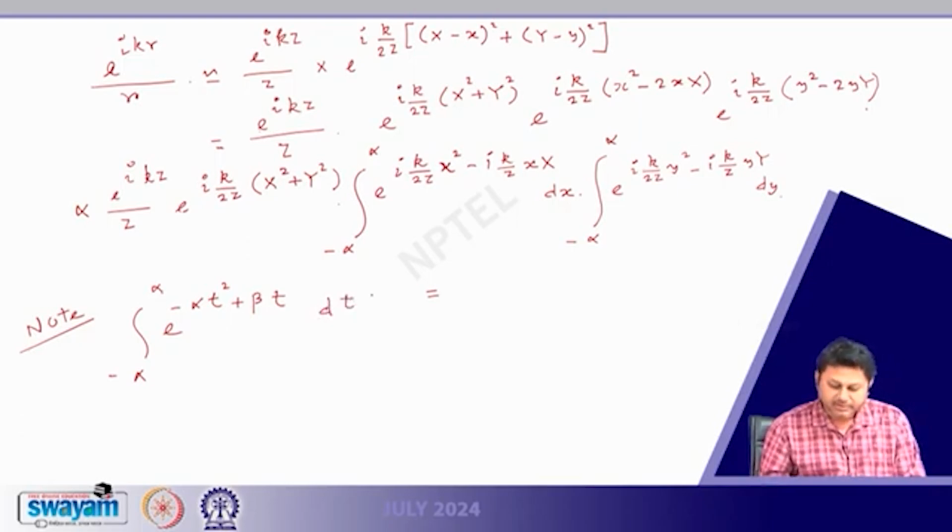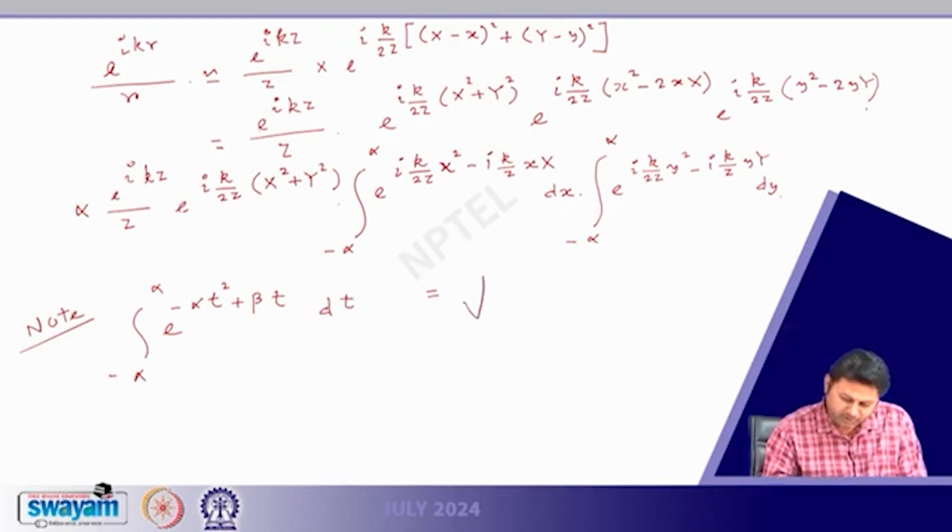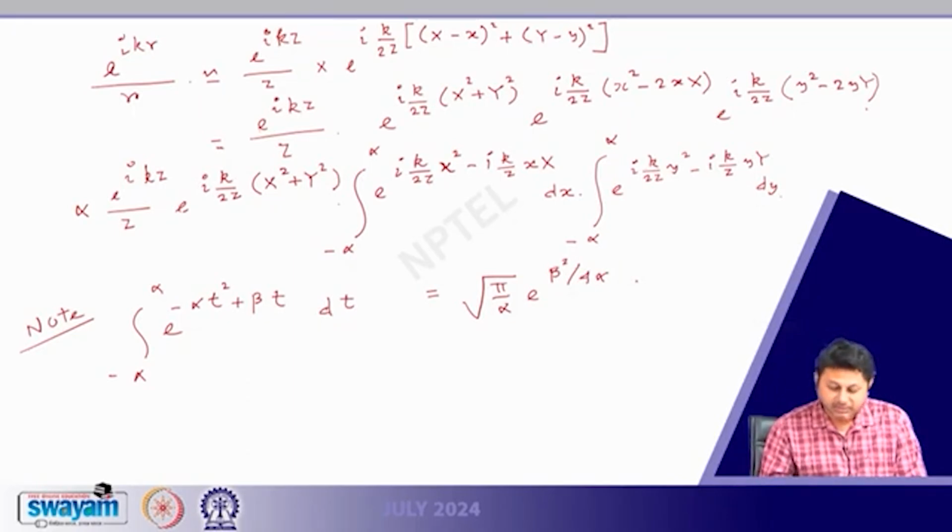That integral is equal to root over pi by alpha times e to the power of beta square by 4 alpha, that is the result of this integral. This is a very famous integral, and we are going to use this several times. I suggest that the students should note it. If I exploit this integral here, you can see this is exactly the same form. Alpha here is i k divided by 2z, and beta here is i k by z times X.